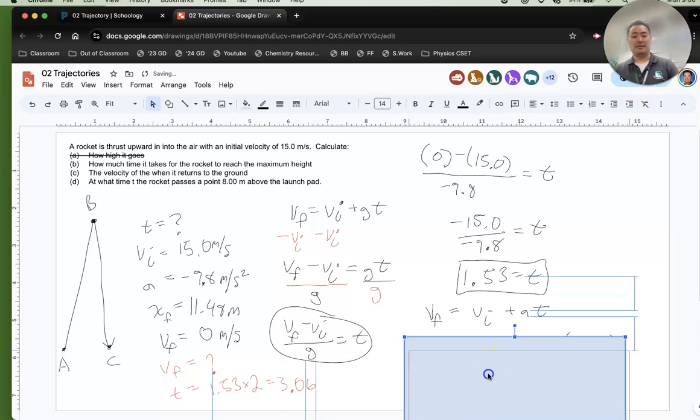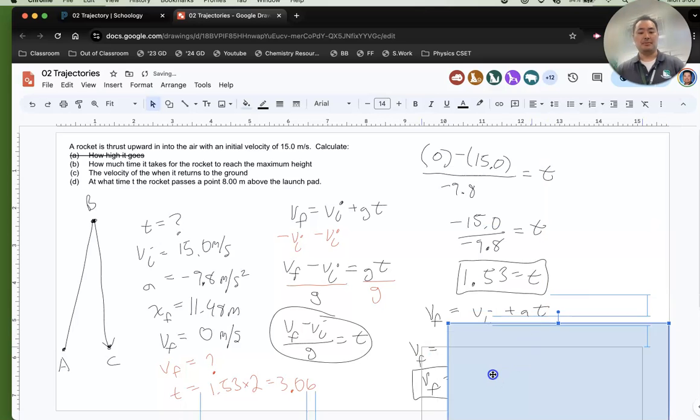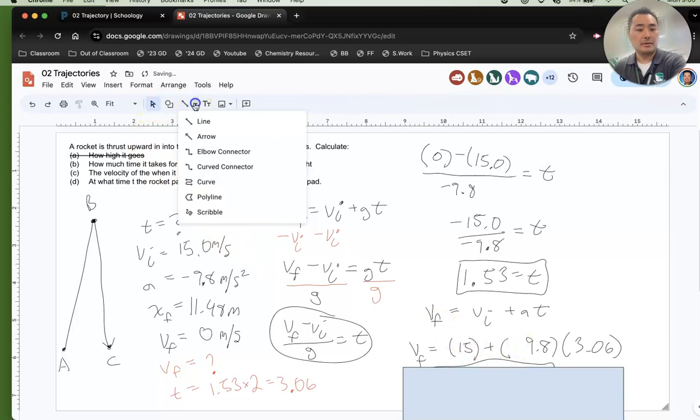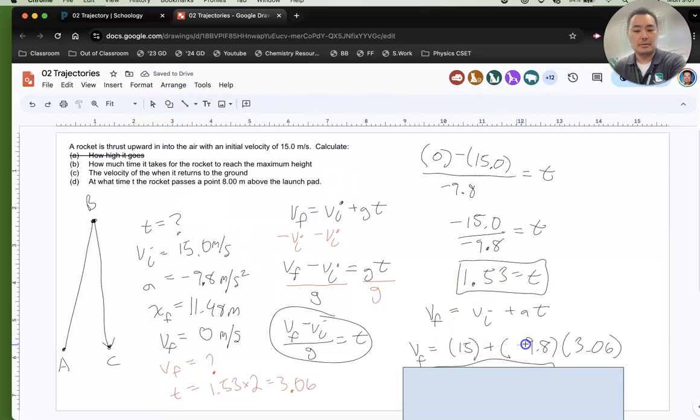So v sub f is unknown, but v sub i is known, a is known. Let me draw this a little better. And time is known. But we only know time because Crystal helped us find it in problem B.